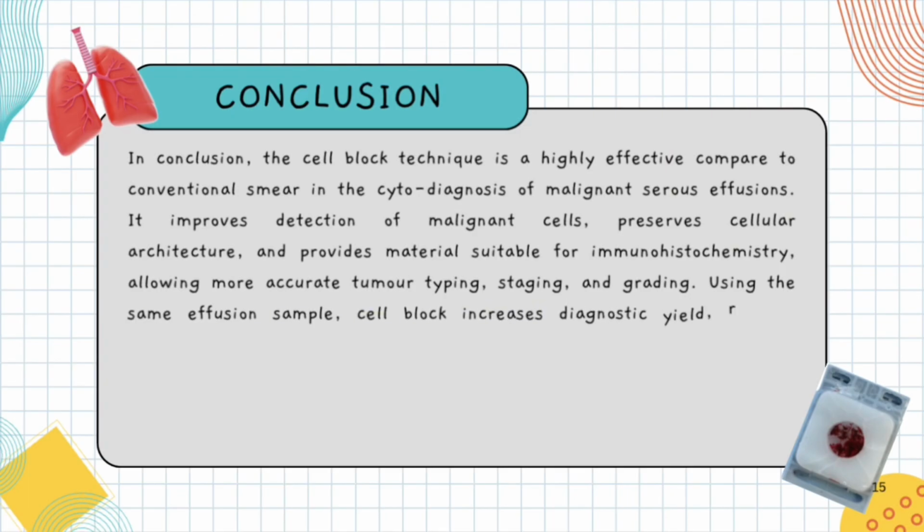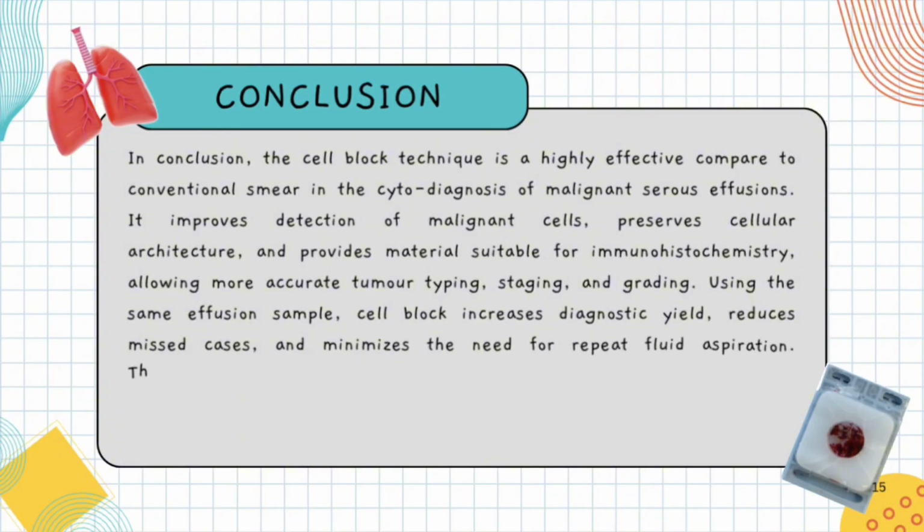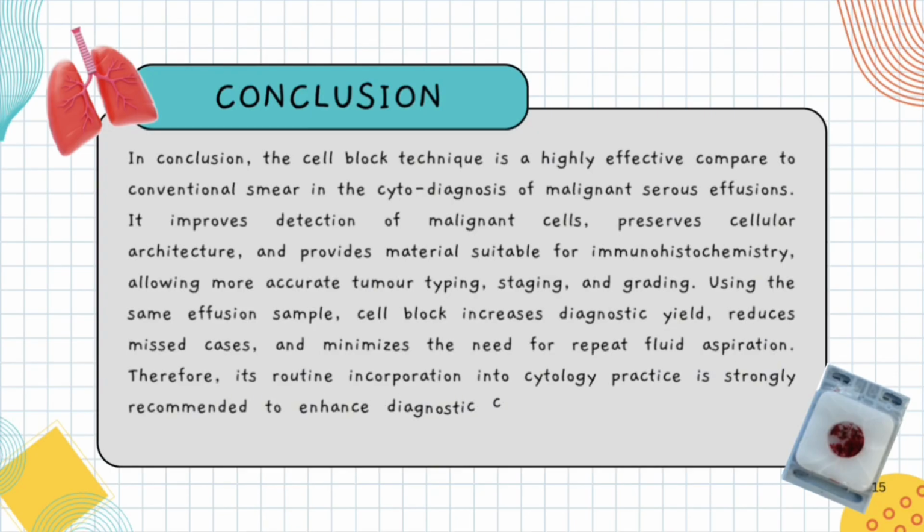Using the same effusion samples, cell block increases diagnostic yield, reduces missed cases, and minimizes the need for repeat fluid aspiration. Therefore, its routine incorporation into cytology practice is strongly recommended to enhance diagnostic confidence and support optimal patient management.